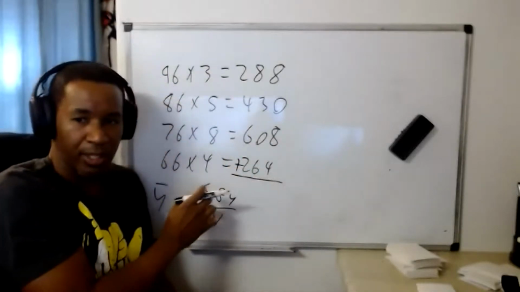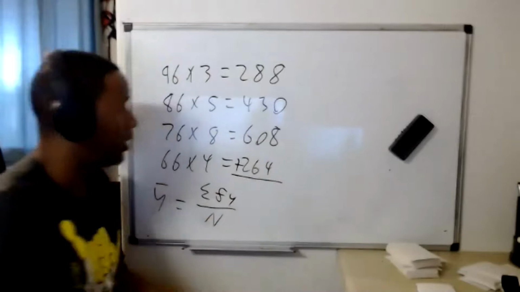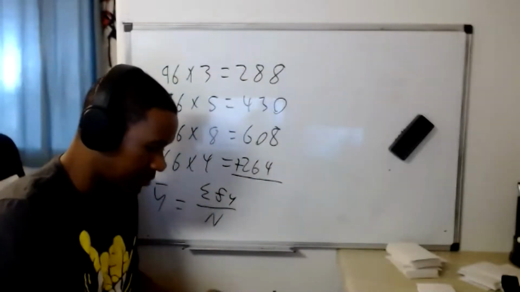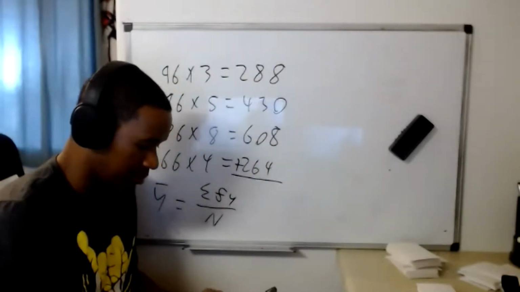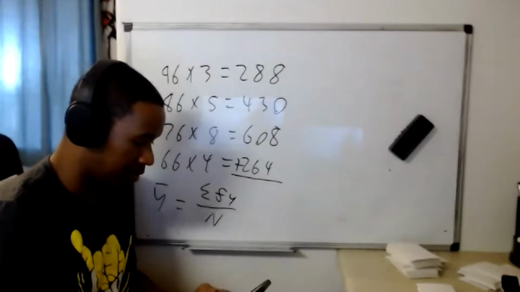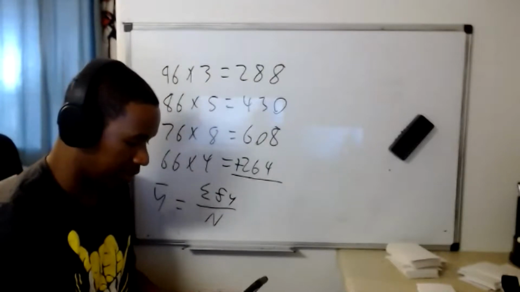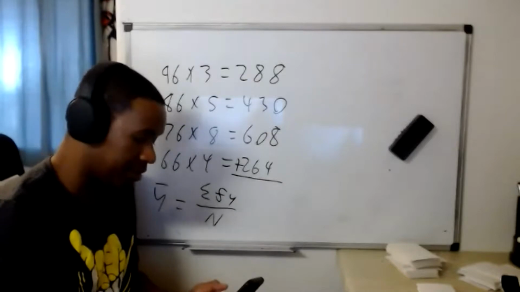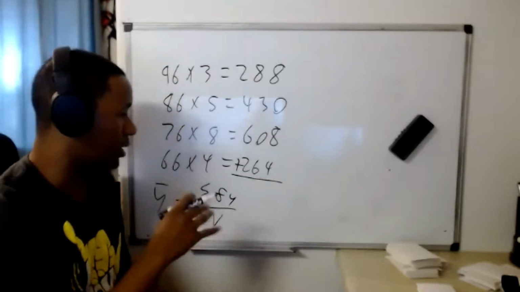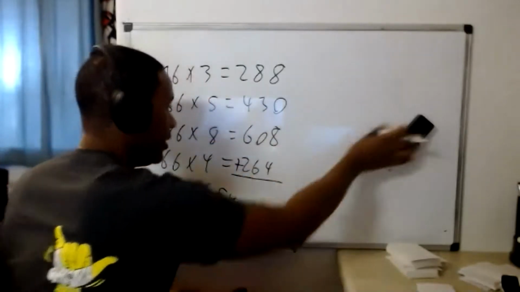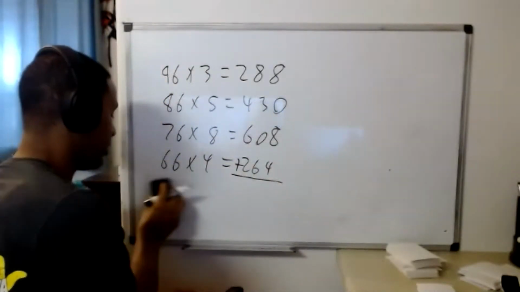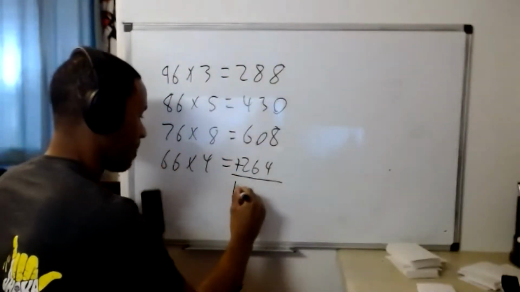to get the numerator. Okay, so if we take 288 plus 430 plus 608 plus 264, we're going to get 1,590. So this all adds up to 1,590.